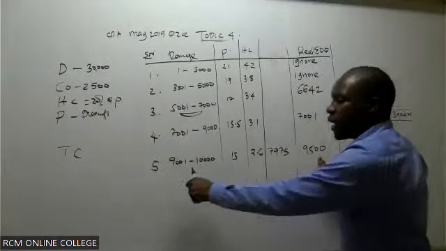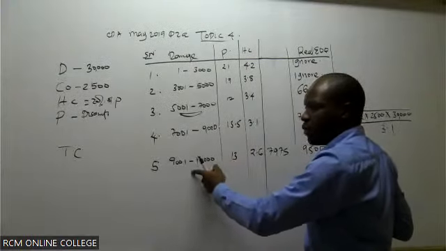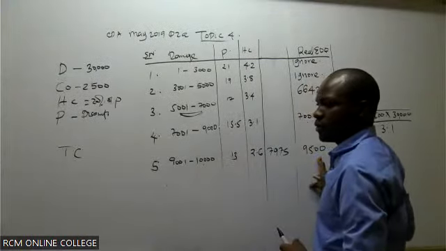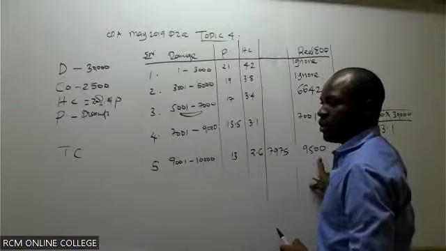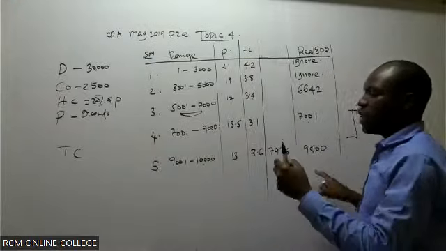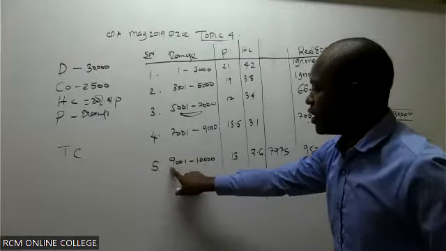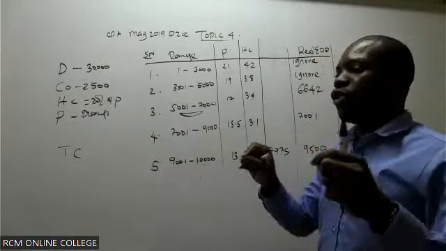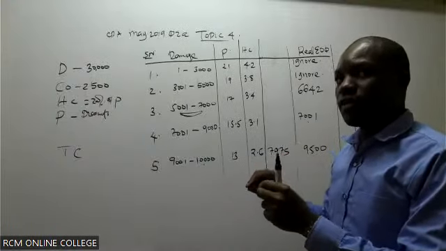You don't just pick any number within this range. No, you can't pick any other number within the range. The reason why you are picking the first one within this range is we don't have an option.